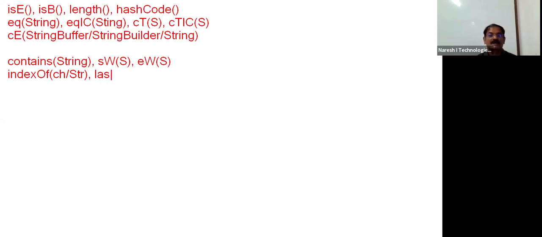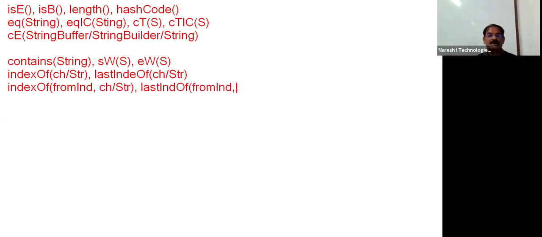Next, lastIndexOf, where you can pass a character or a string. You can also give indexOf with fromIndex, from where you want to check, comma, character or string. Similarly, lastIndexOf with fromIndex, comma, character or string. These are the indexOf methods, and contains is a searching method.